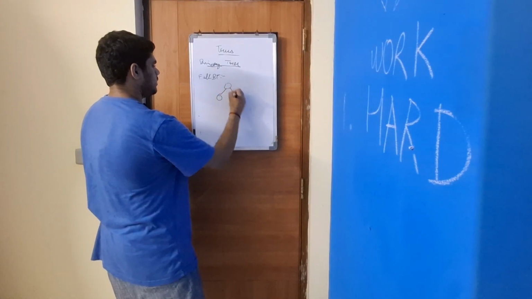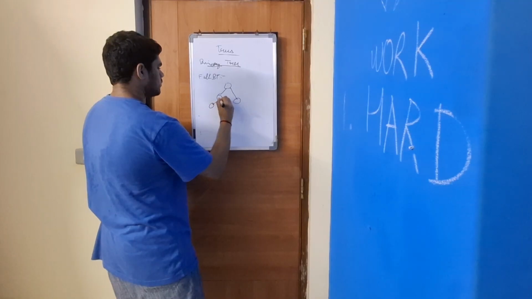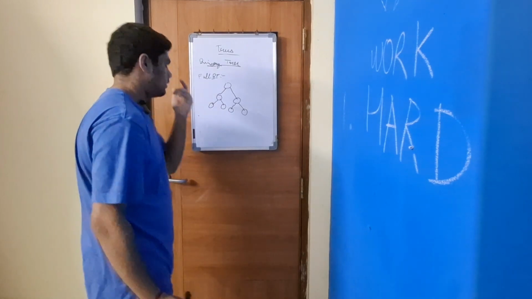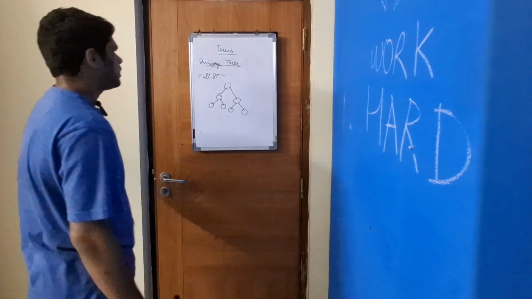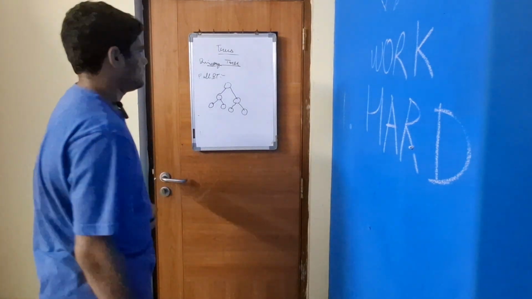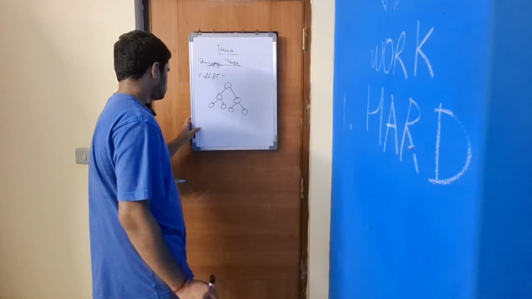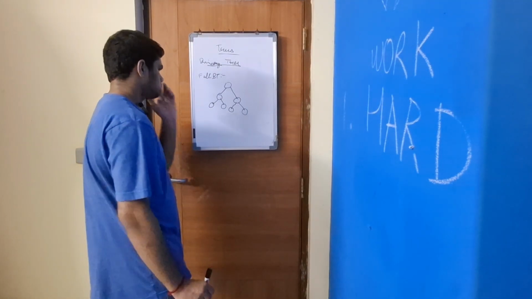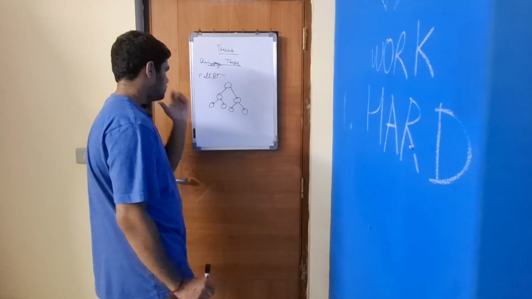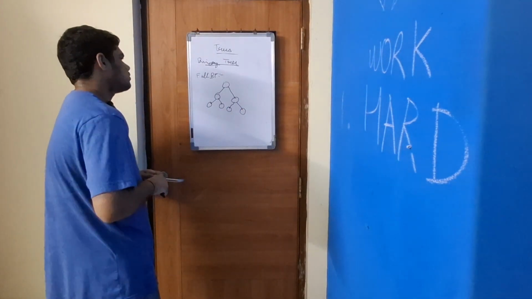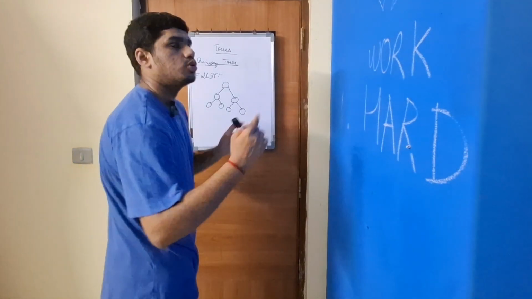Now in this full binary tree, all the, what do we say? Okay. It has zero or two children.